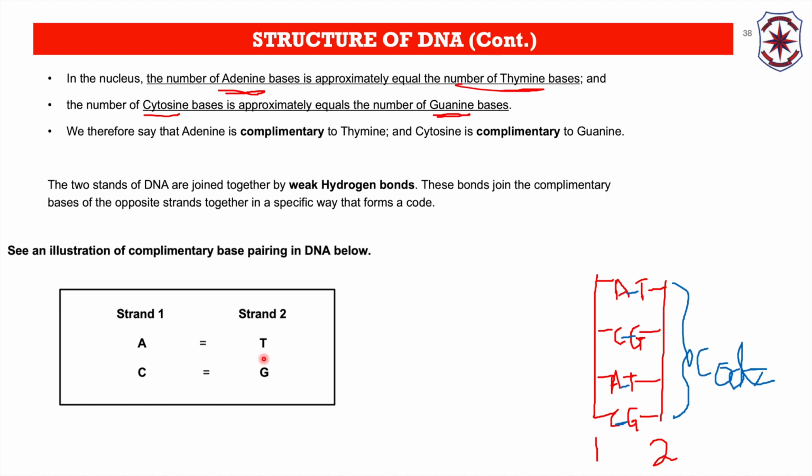Therefore, whenever you see a T on one strand, on the complementary strand you will find an A on the opposite side. Whenever you see a C, such as there, on the complementary strand, you will see a G. And then the two strands are joined together by the weak hydrogen bonds that connect the complementary base pairs.